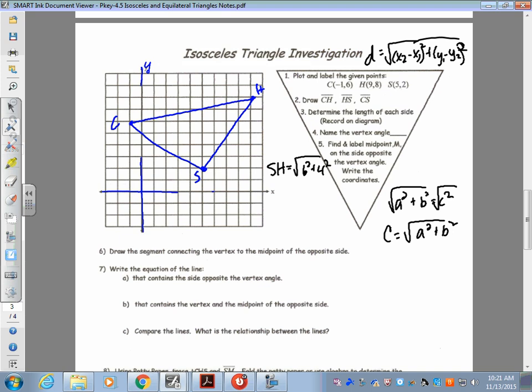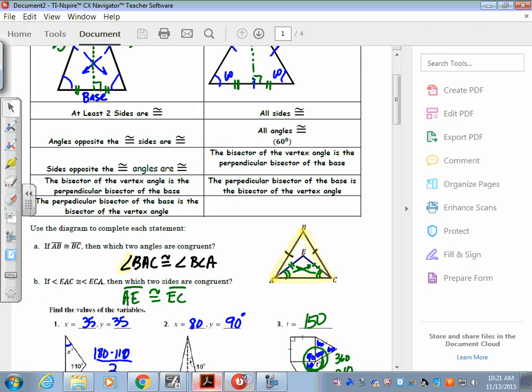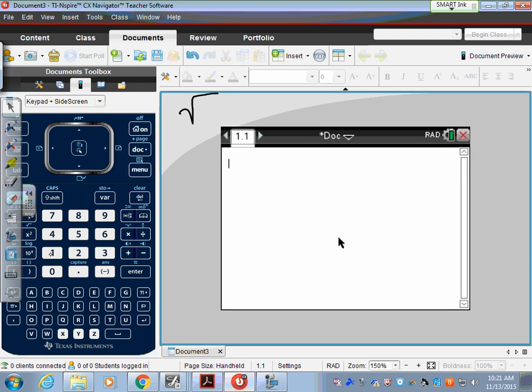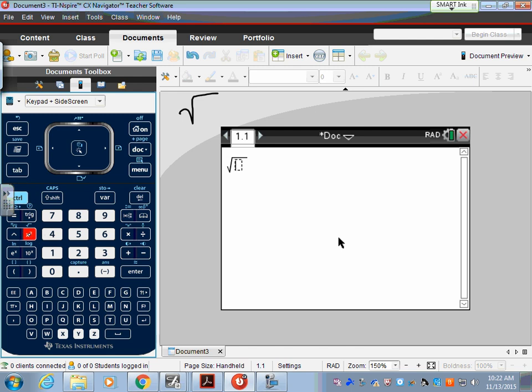All right. Now, I need to show you something real quick because you'll start seeing this on standardized tests. If I simplify this, you see that this is 36 and 16, so you get 52. Now, this is not a perfect square, but in your calculator, when you add a calculation, Control X squared gives you the radical sign, so you have to hit the blue button, then the X squared. 52, hit enter.